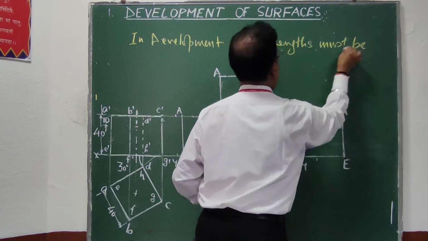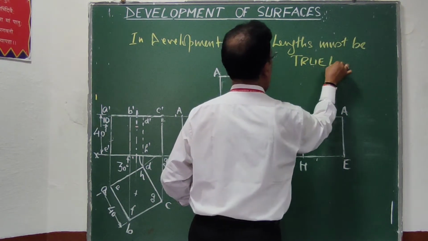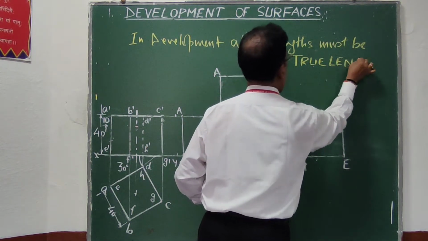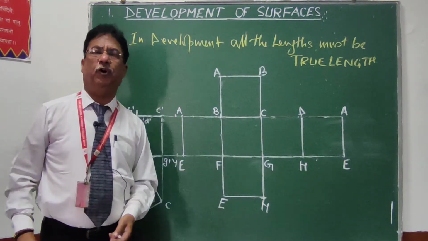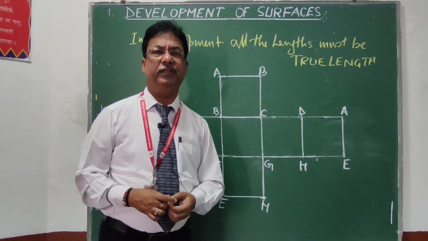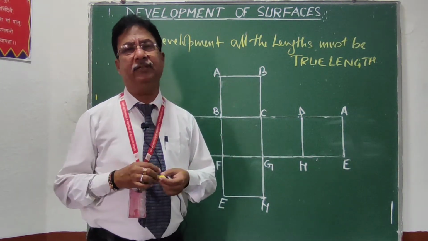That is the main principle: if we want to develop any given surface, keep all the lengths as true length.